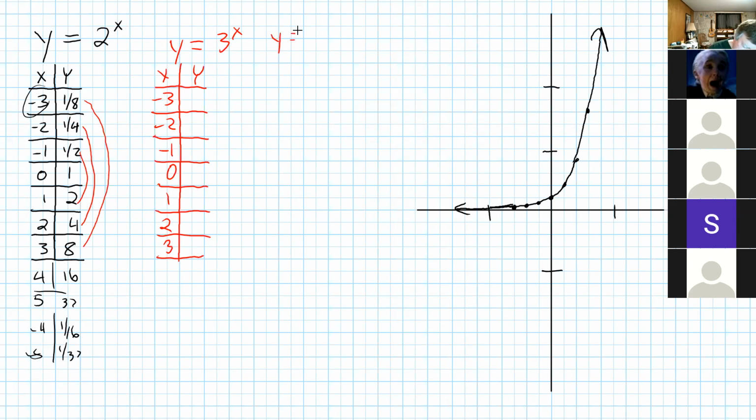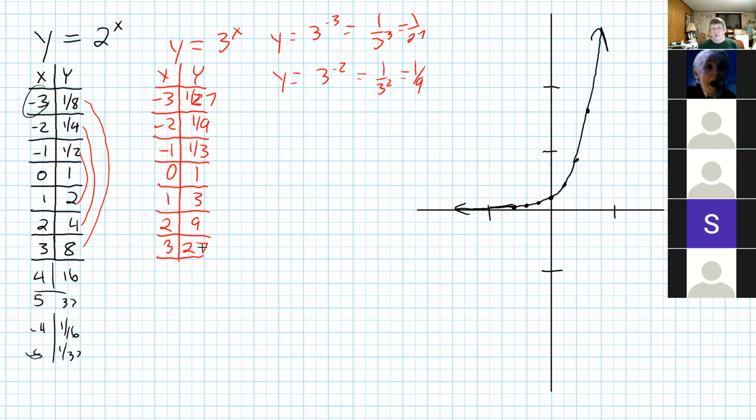So now y equals 3 to the -3 power would be 1/3 cubed, which is 1/27. Okay. Y equals 3 to the -2 power would be 1/3 squared, which is 1/9. And then 1/3, and then 1, and 3, and 9, and 27.